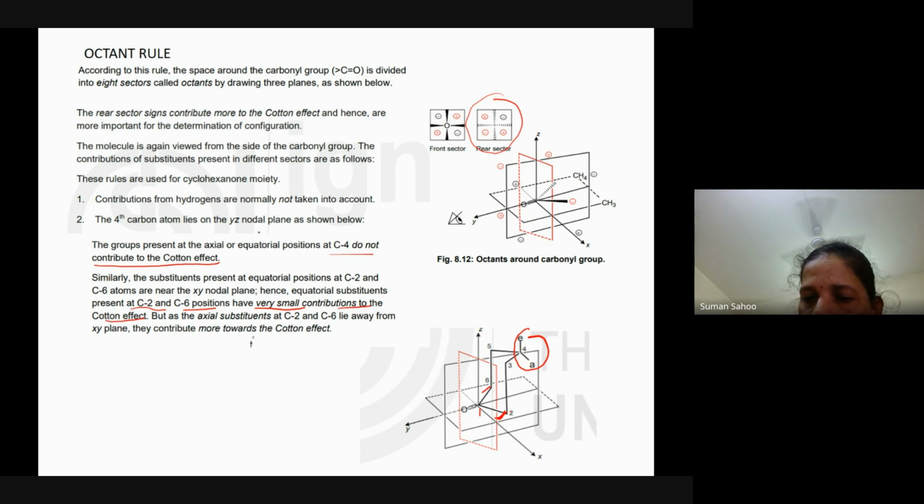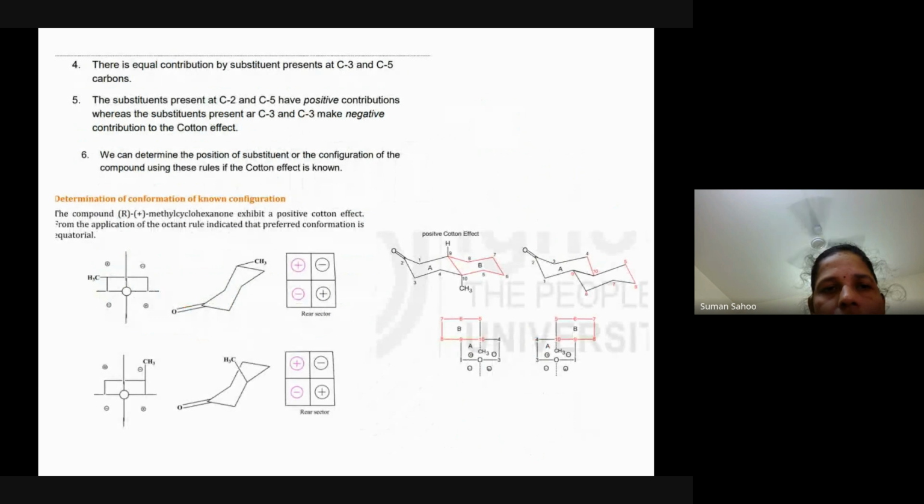But the axial substituents at C2 and C6 lie away from the XY plane, so they contribute more to the Cotton effect. So C4 does not contribute. At equatorial positions at C2 and C6 they do not contribute, but the axial positions at C2 and C6 contribute strongly to the Cotton effect.